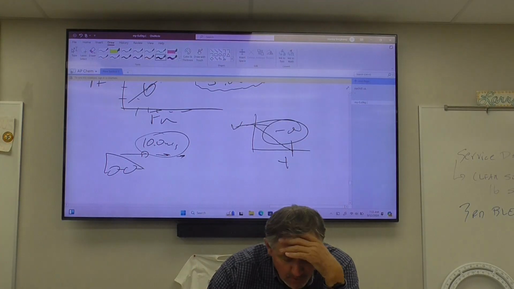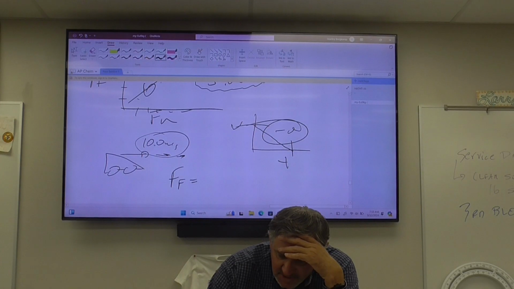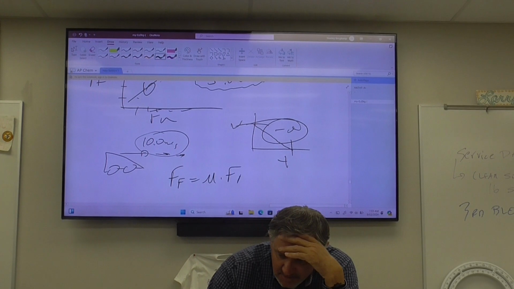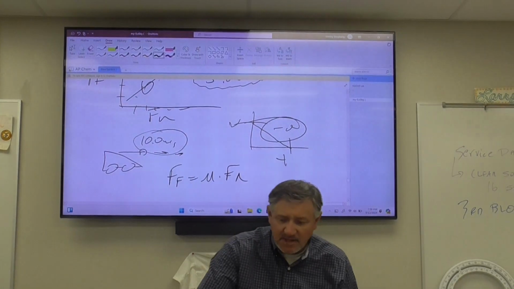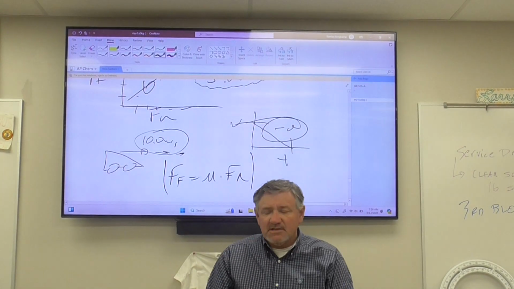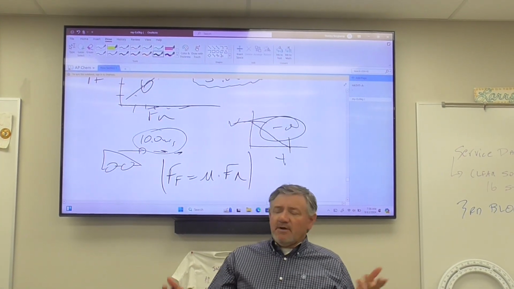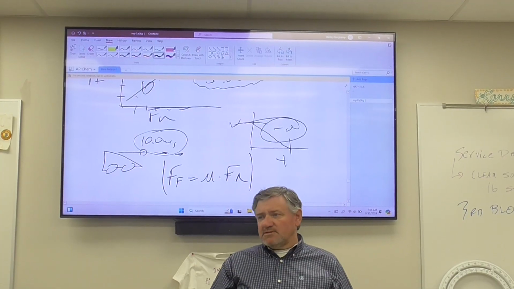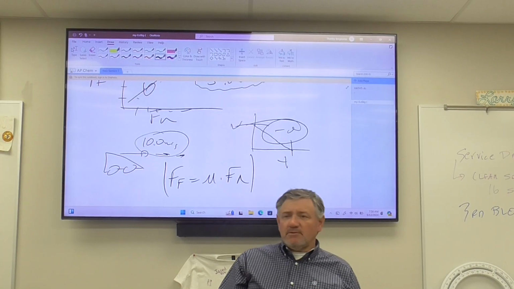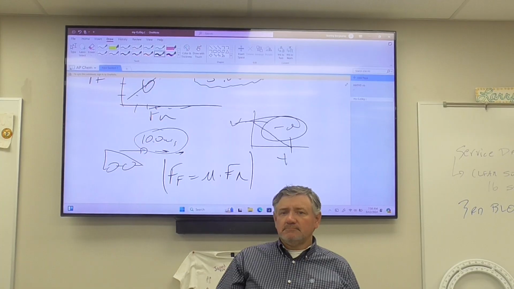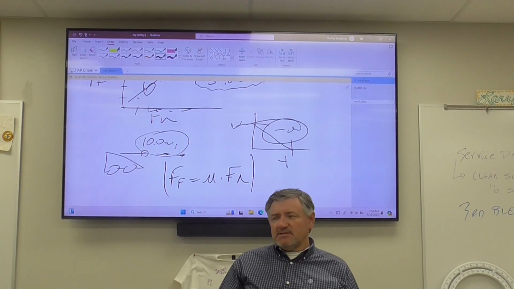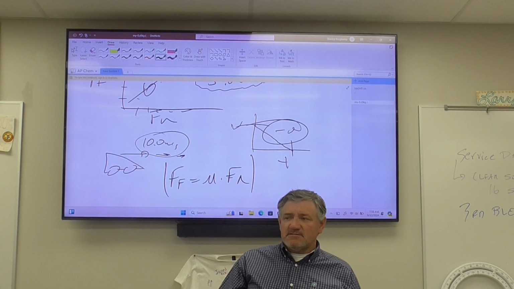So then you go, how can I calculate force friction? Well, you know that force friction equals mu times force normal, and there's an absolute value sign around that. I've given you mu. You have to figure out what the force normal is. How are you going to get your force normal? Well, force normal is the same thing as what, on a flat surface?